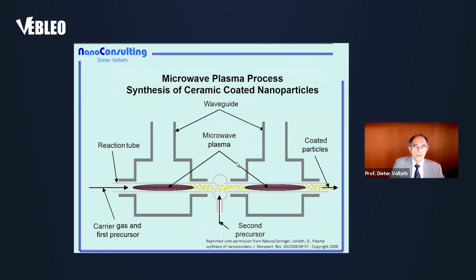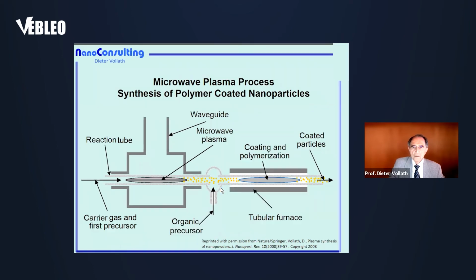To get coated particles, we just have to take the same system twice and add the second precursor in between. One can also make particles coated with a polymer.